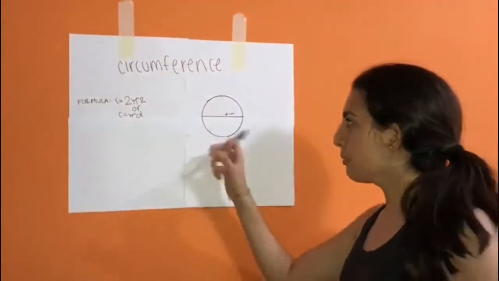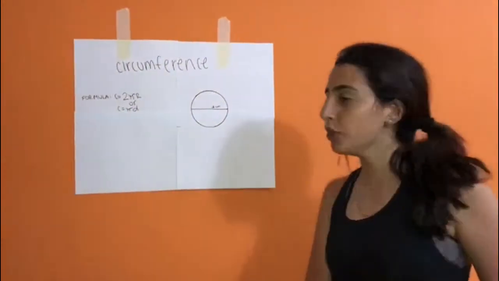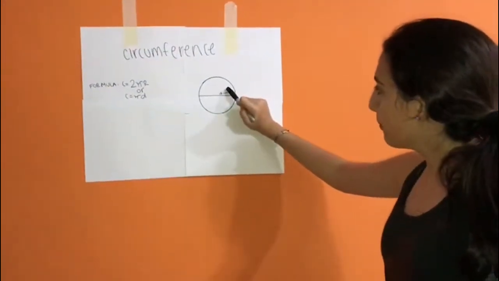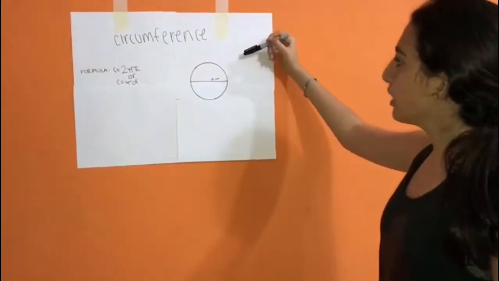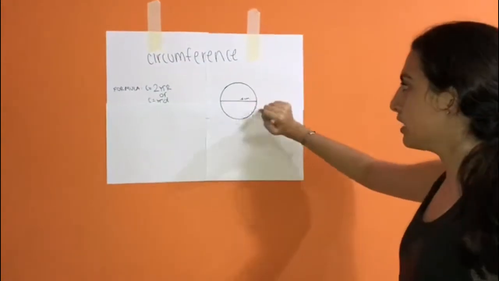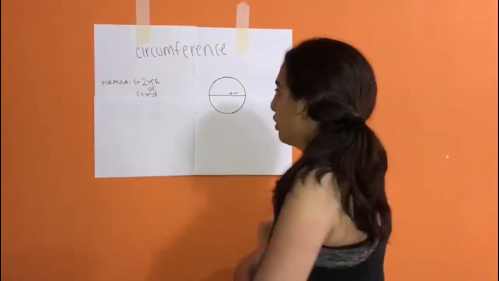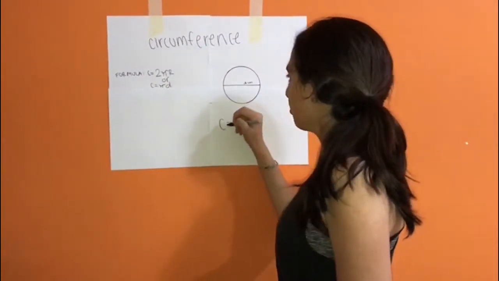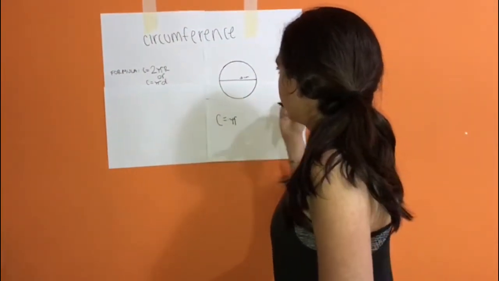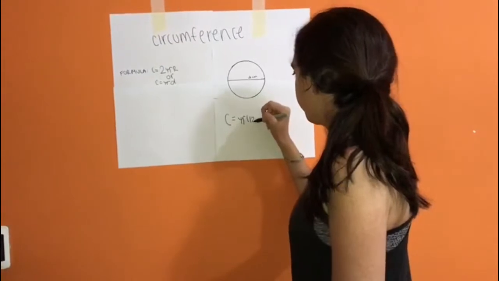So in the first example I have here, we know that the diameter measures 12 centimeters. So you use the second formula. You plug in the numbers. So C equals pi times 12.